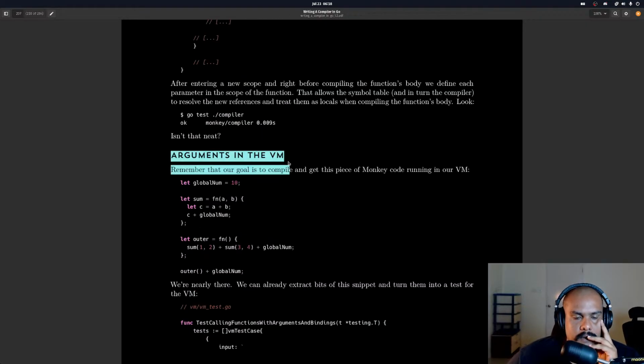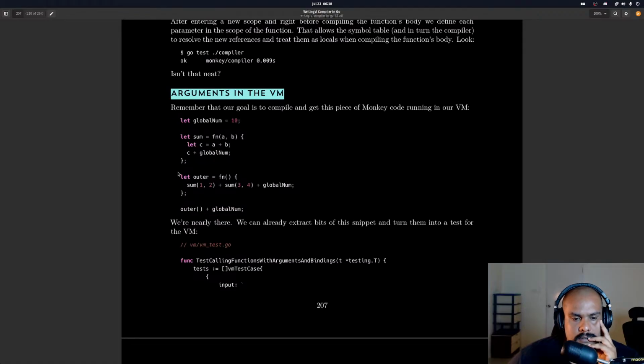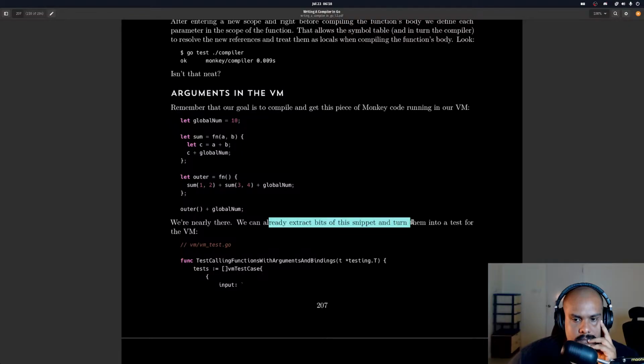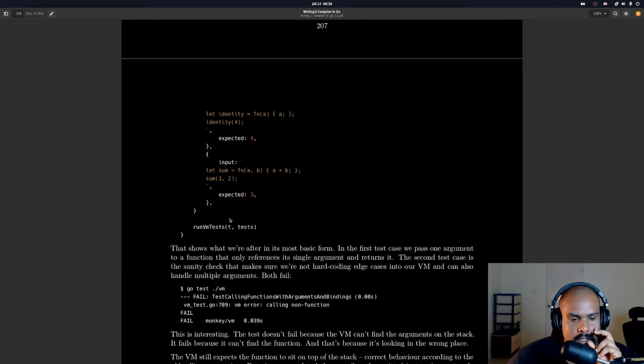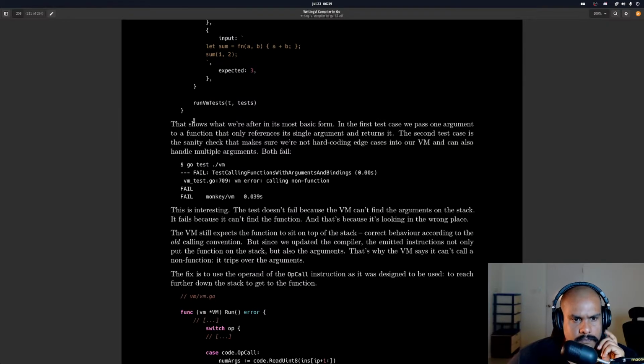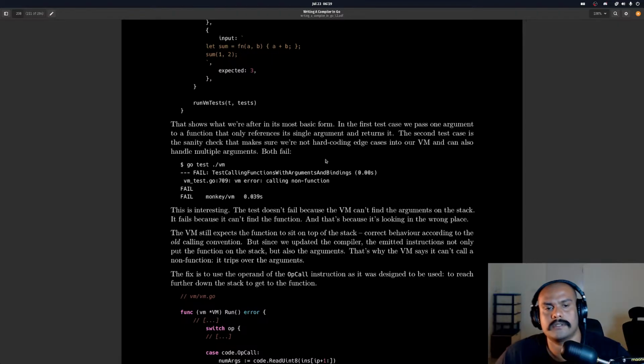Arguments in the VM. Yeah, I don't think you need to do much here, do you? Yeah, I just added all of it. First case, we pass one argument to a function that only references its single argument and returns it.